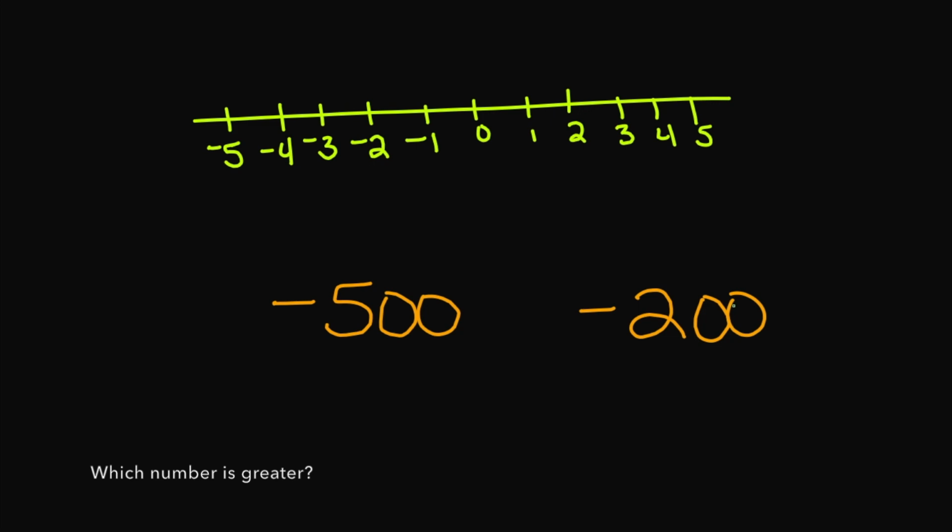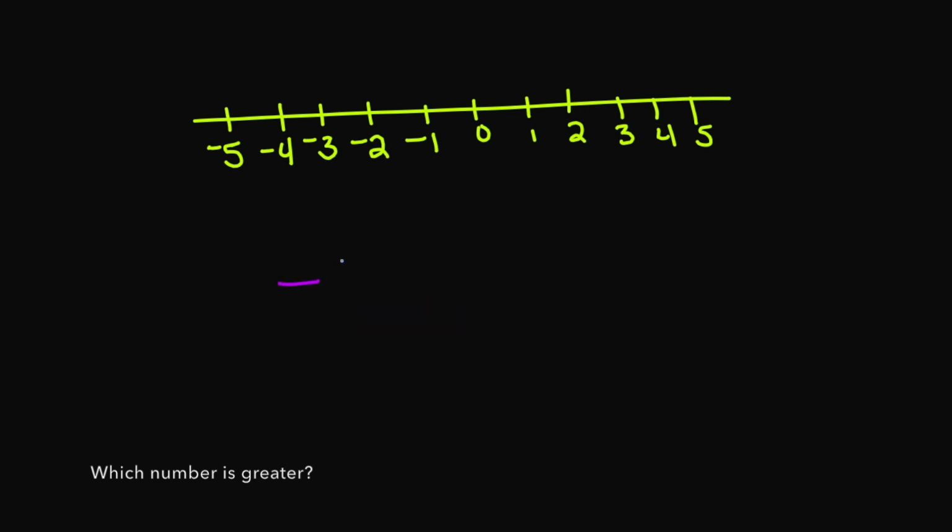The largest number here is going to be -200 because -200 is closer to 0 than -500. -432 and -434. The largest number here is going to be -432. And if you're seeing it on a number line, -432 is closer to 0 than -434.